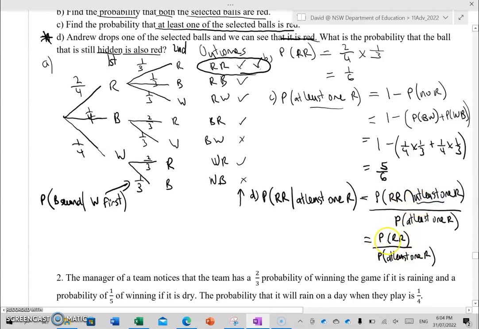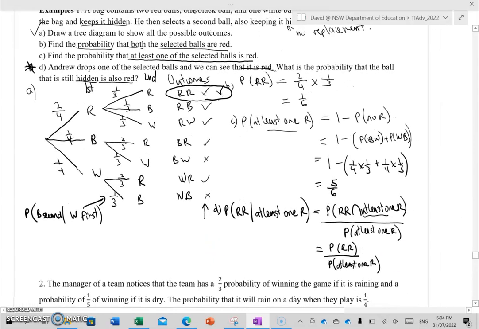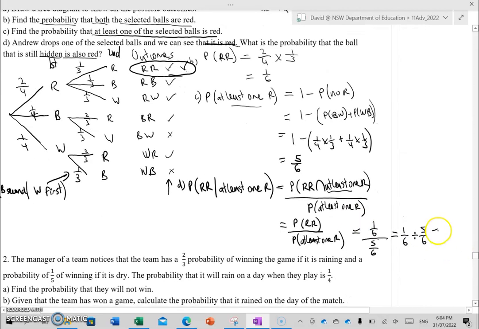You can use this simplification, and it helps you a lot, particularly when we do the harder questions in the Cambridge exercise. That simplification is very, very useful. So therefore, it's just the answer for B divided by the answer for C. So it's going to be 1/6 all over 5/6. And some people don't like compound fractions, so what they'll do is they'll do 1/6 and then they'll write the divide there, 5/6. And you can work that out to be 1/5, 1 out of 5. So that's the answer for part D.